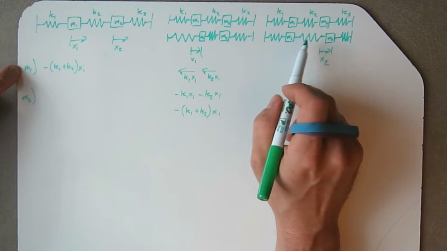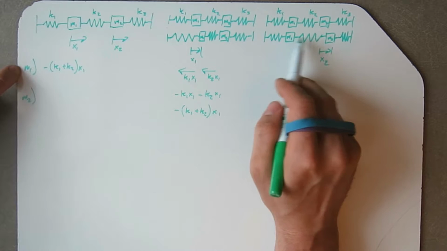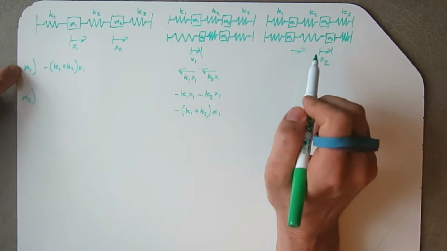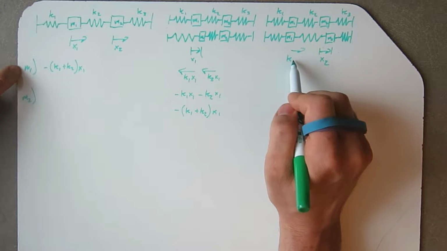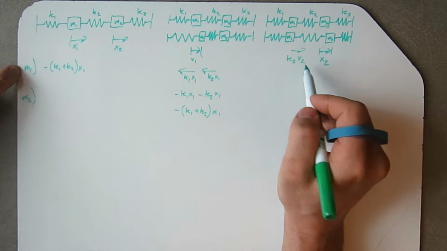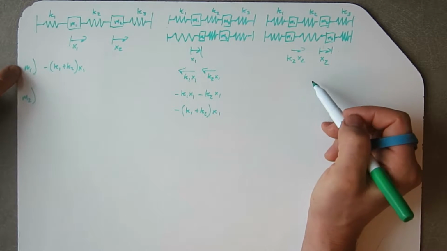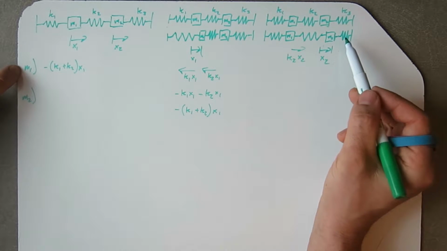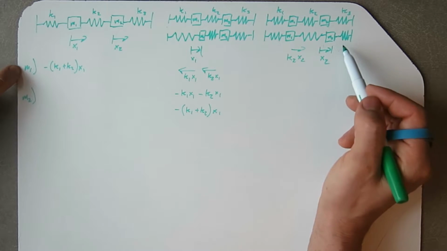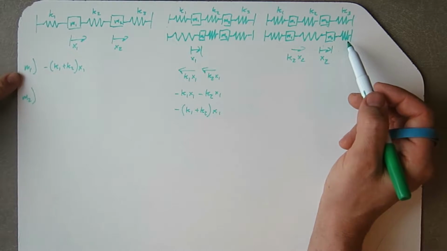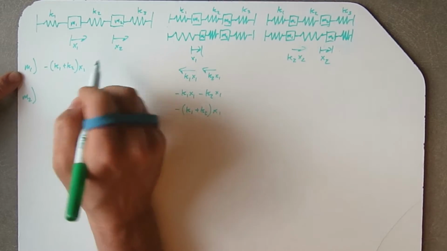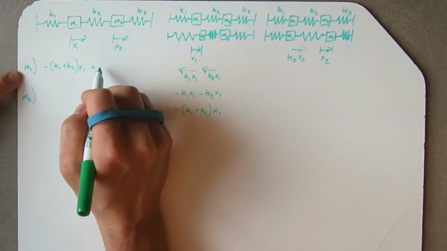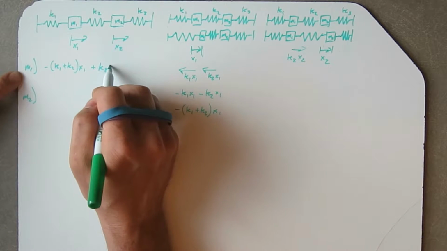What does M1 feel when this spring here is elongated, is pulled? Well, it feels a force in that direction, K2 x2. So a positive K2 x2. It doesn't feel anything directly from K3, so there is no K3 in the differential equation for M1. So this positive force we will put in the differential equation for M1, K2 x2.